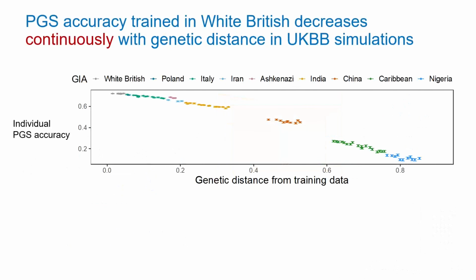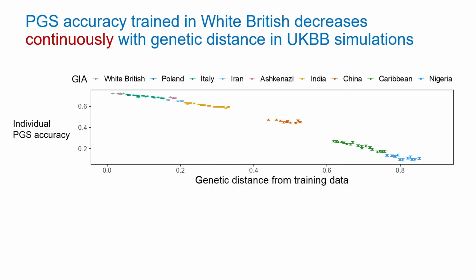This is real genotype data from UK Biobank, where we simulate traits in the white British individuals, on the left side there on top. Then we estimate this quantity as we look at individuals of different European ancestries within UK Biobank.